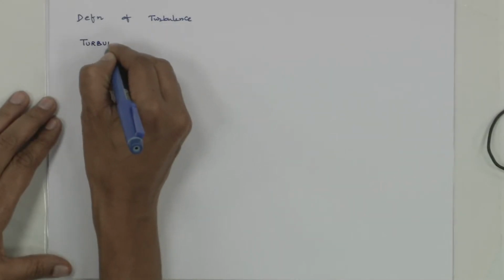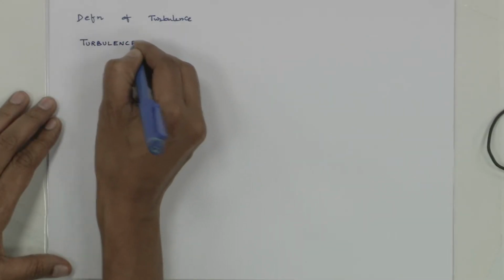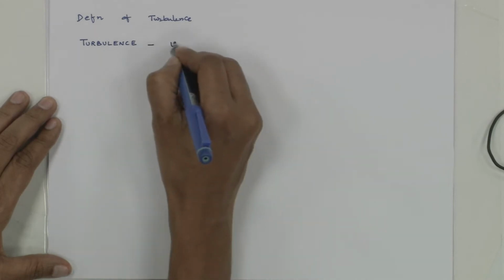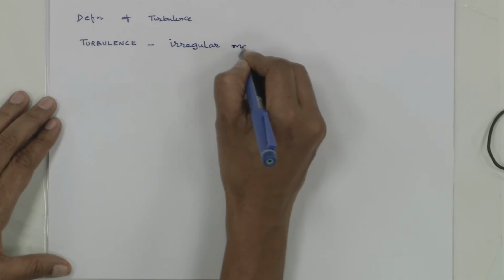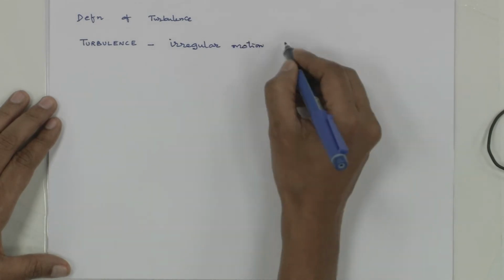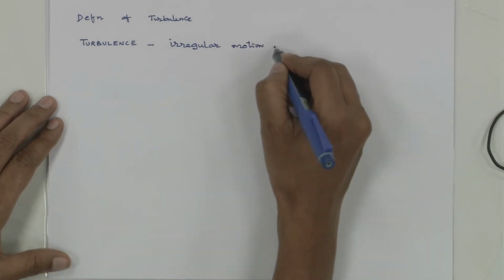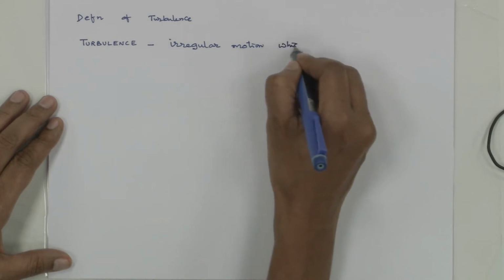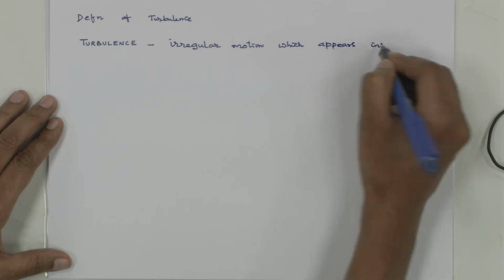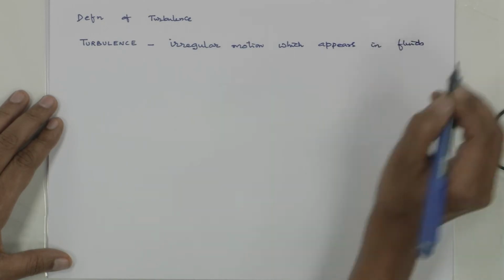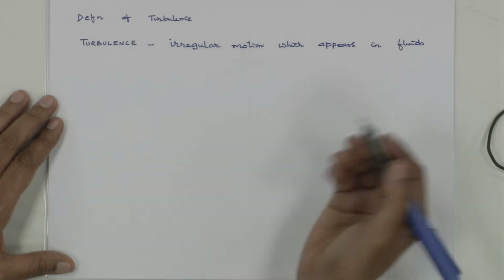Turbulence is an irregular motion which appears in fluids generally, that is gaseous or liquid.